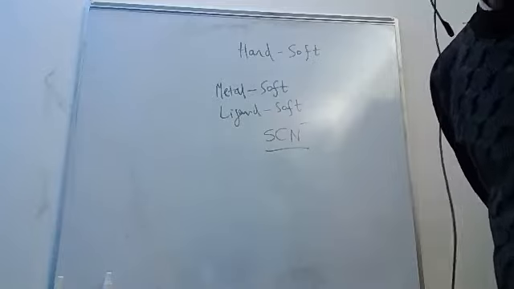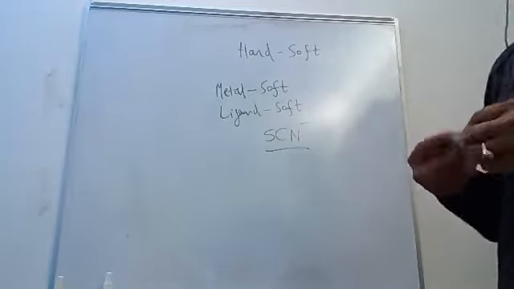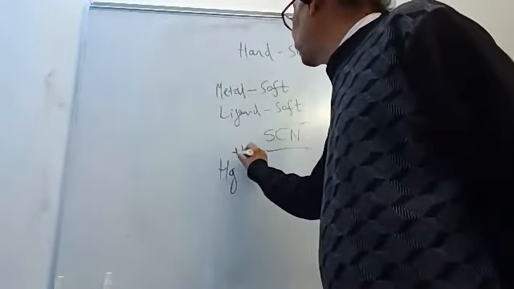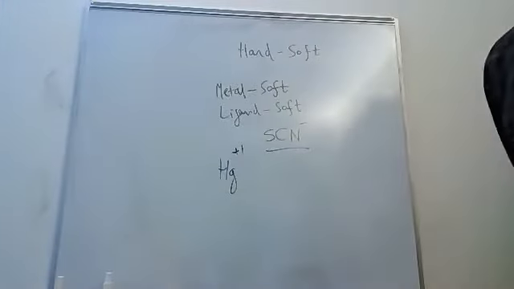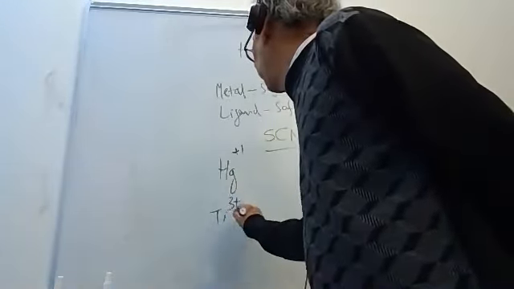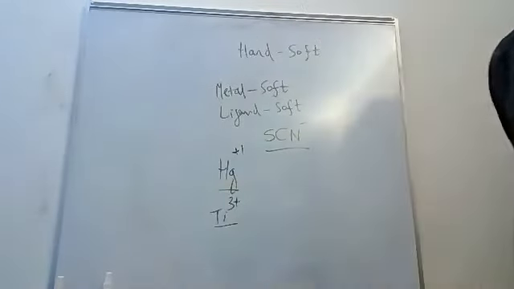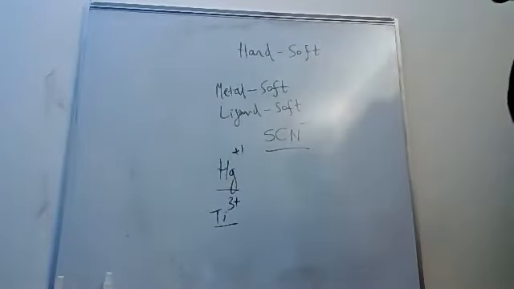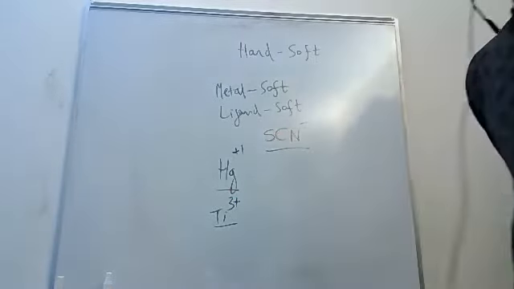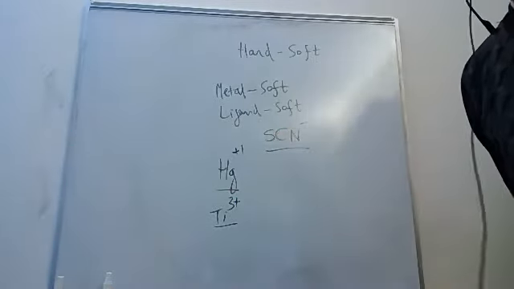Now, the way this ligand binds to metals depends on the hardness and the softness of the metals. For example, if I were to have an Hg plus ion and a titanium 3 plus ion. The question then is, in SCN, I have 3 atoms, sulfur, carbon, and nitrogen.